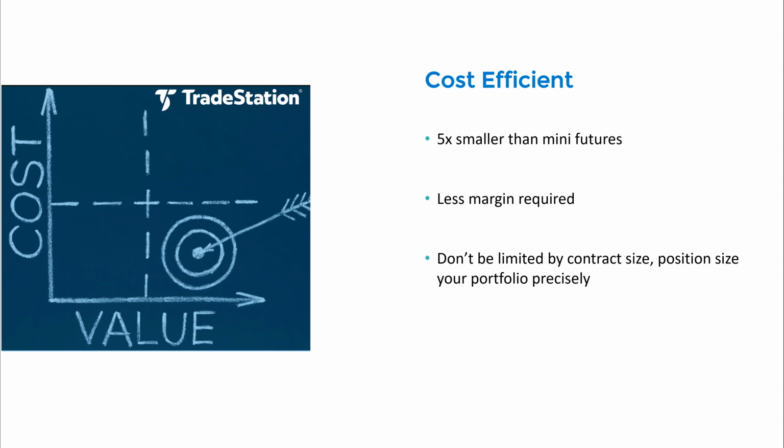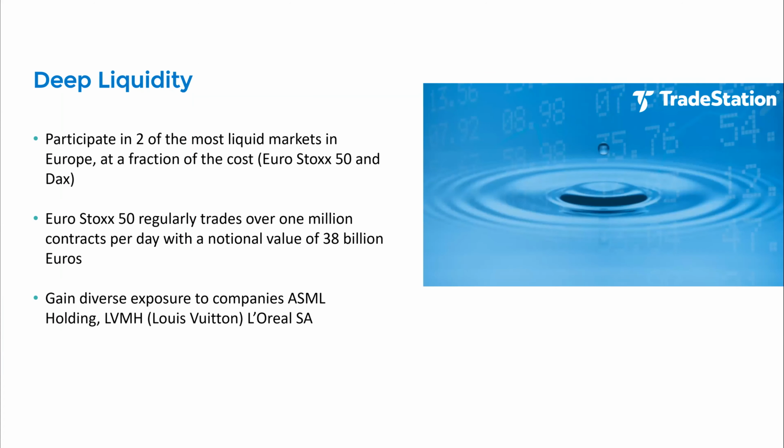If you go to short sell a stock, you have to borrow those shares, and you're not always able to get a share borrow, but you can always short futures contracts. And liquidity. So as a TradeStation Futures client, you will have access to both the Euro STOX 50 and the DAX.